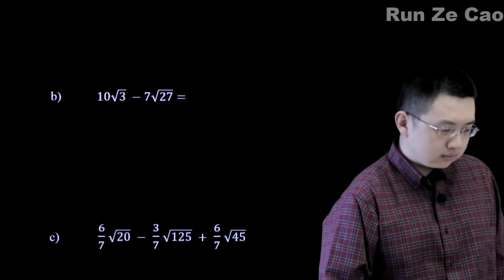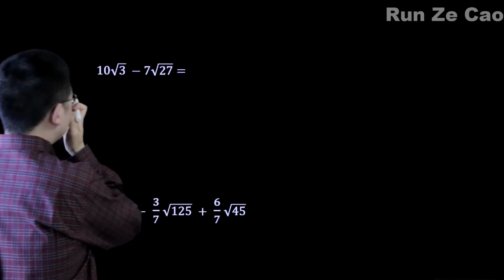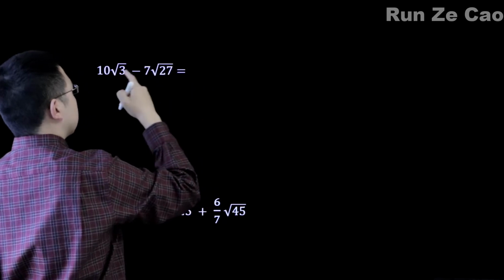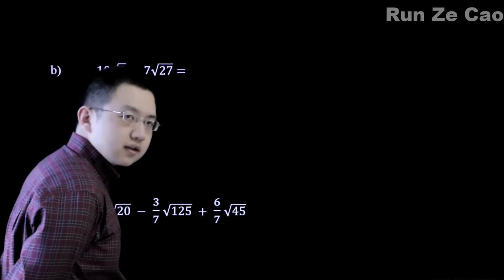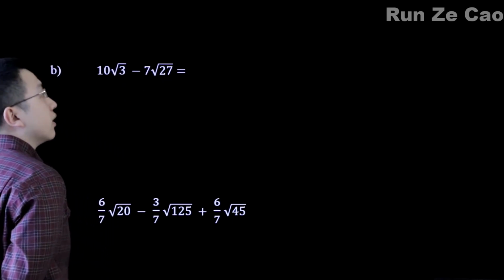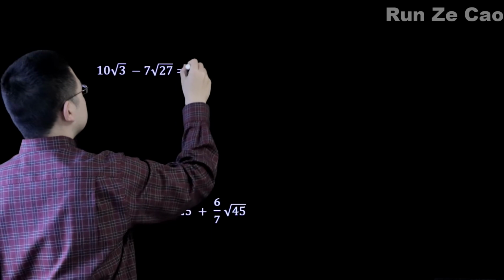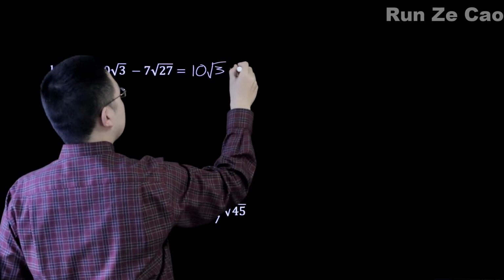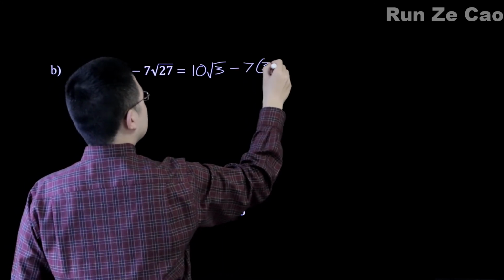And down here, we have 10 root 3 minus 7 root 27 equals, well, this is not the same as that. How can we make it the same? Well, 27 is 3 times 9. So this is equal to 10 root 3 minus 7 times 3 root 3.